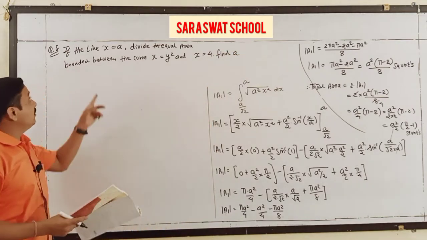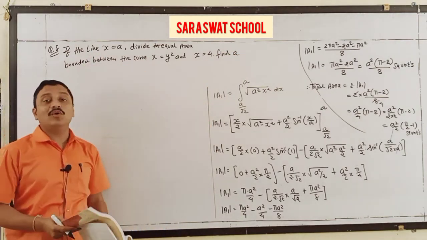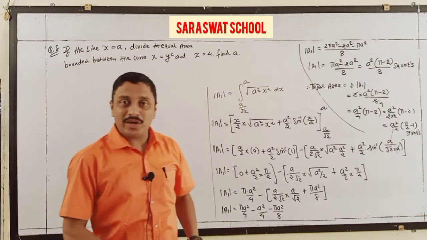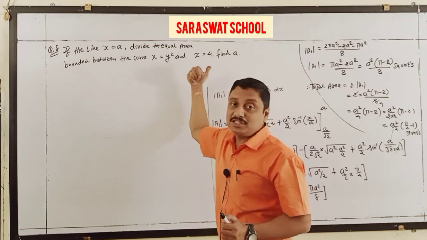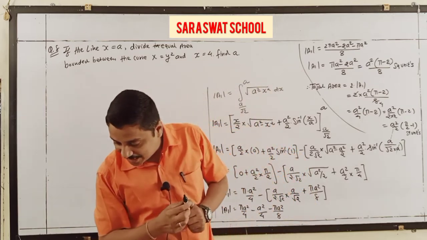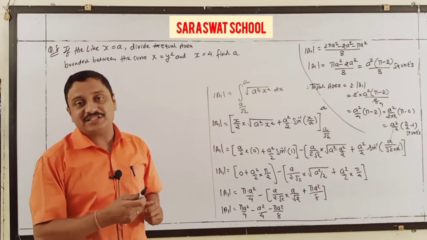Again, repeat: if the line x is equal to a divides into equal areas, it means x is equal to a creates equal areas between the curve x is equal to y square and x is equal to 4.